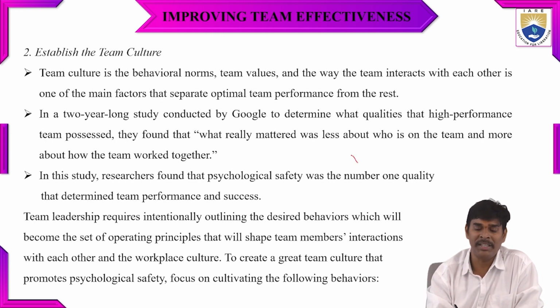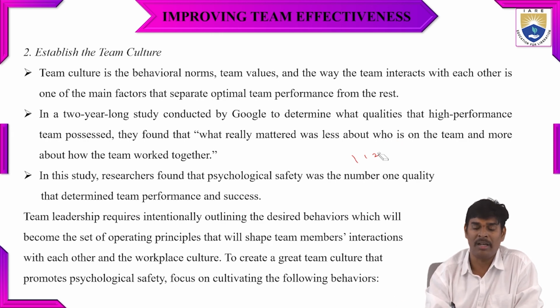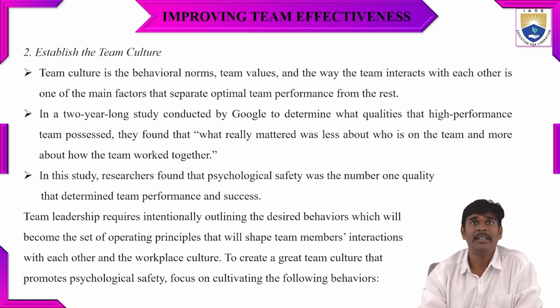The main constraint is that team members have to cooperatively understand each other and do the work in an optimal manner, without egoism, rather than seeking individual performance. The researchers found that psychological safety was the number one quality, which mainly determines team performance and success.